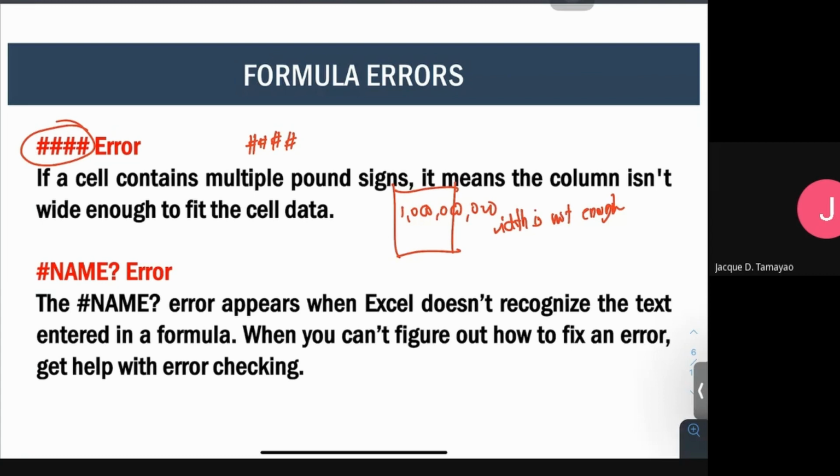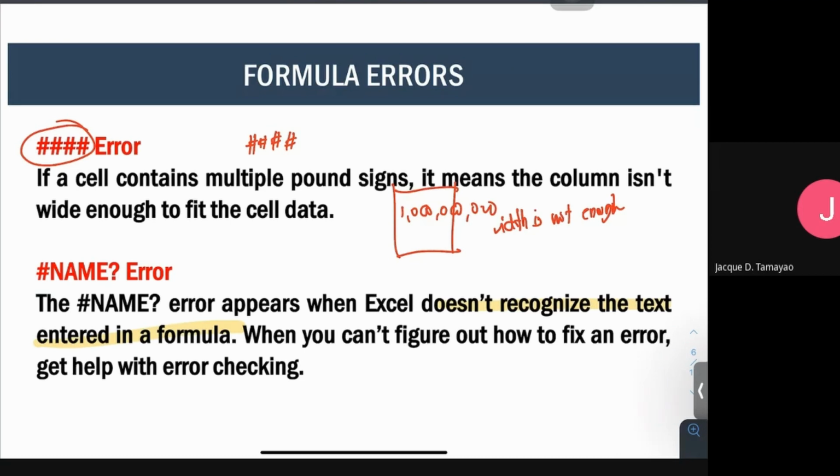Next error is the name error. What is the name error? A name error appears when Excel doesn't recognize the text entered in a formula. For example, you place a function there, but that function is incorrectly placed and Excel cannot recognize it, so it will show a name error. How do you check a name error?